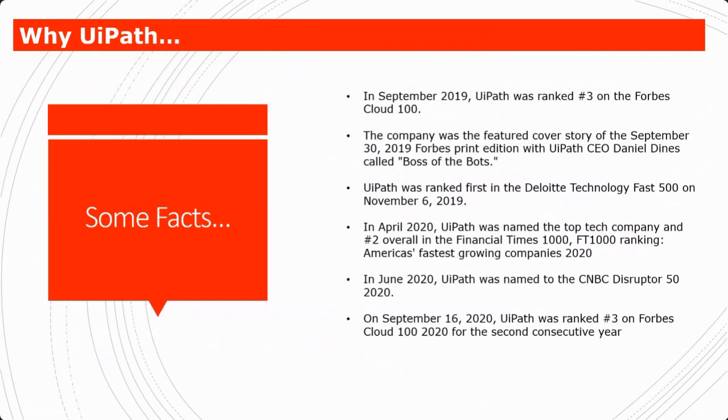If you look at some of these facts and figures, you'll see that UiPath has positioned itself really, really well. In September 2019, UiPath was ranked number 3 on the Cloud 100. Similarly, in some of the reports published by CNBC and Deloitte, you'll see that UiPath comes up again and again.